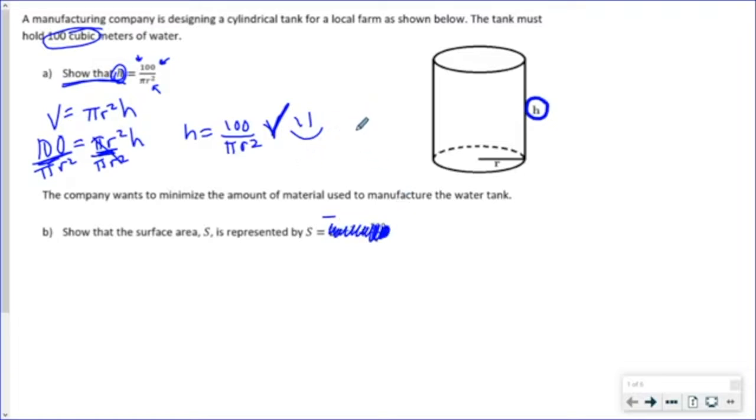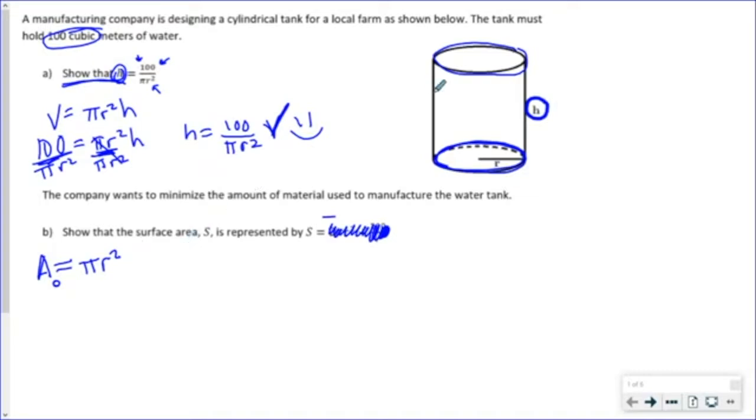Well, let's break it down by shapes. First I have these right here. What are these called? They're circles. How do I find the area of a circle? Area starts with A, so A of a circle equals pi r squared.